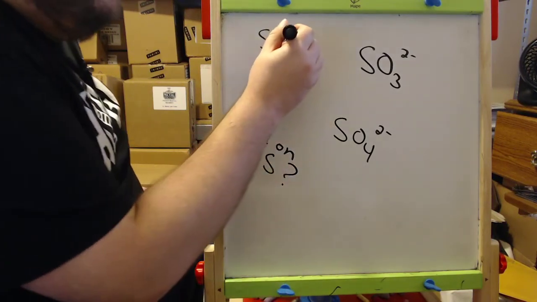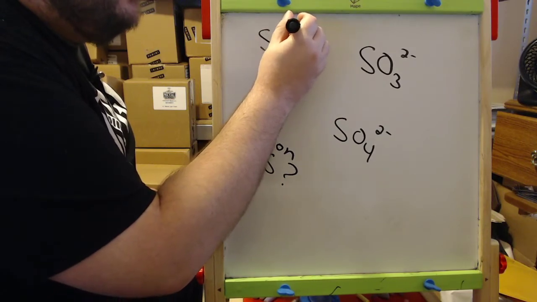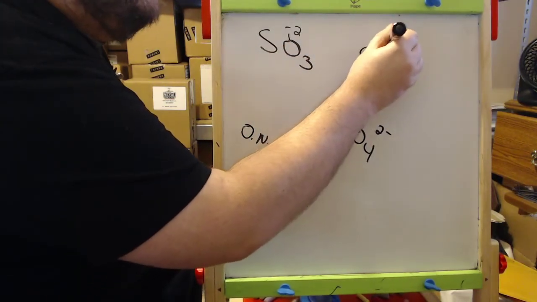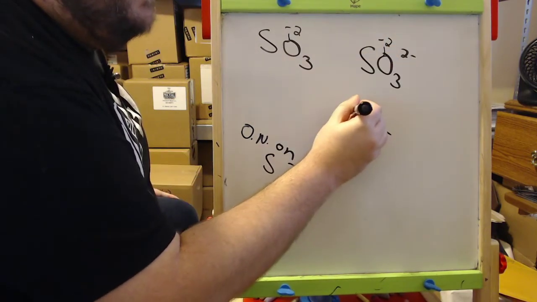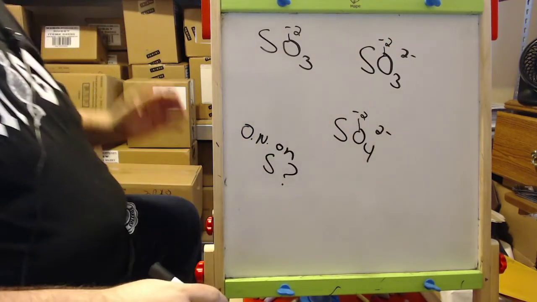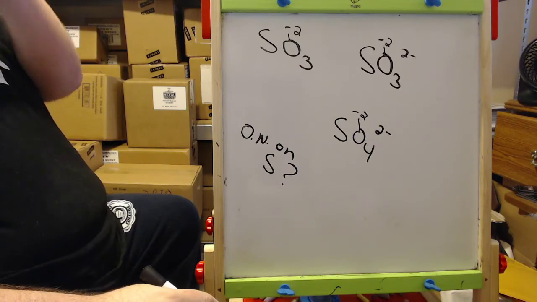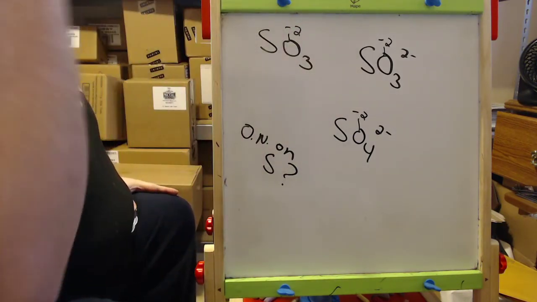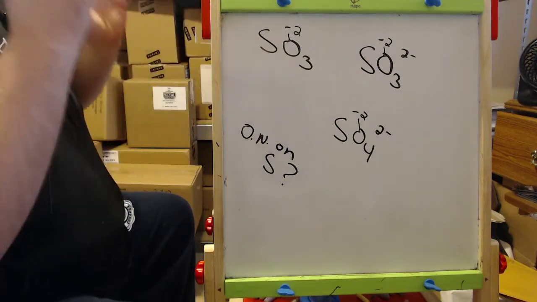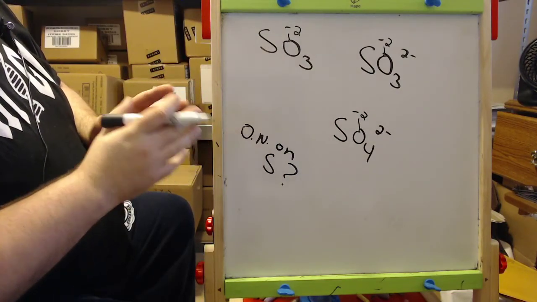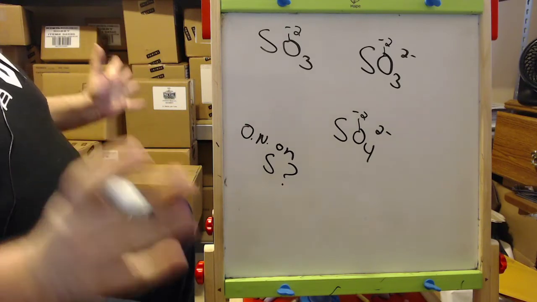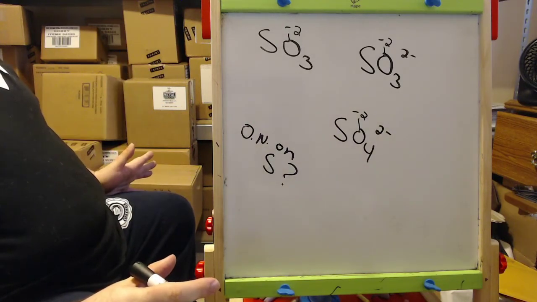So every one of these oxygens has an oxidation number of -2. Okay? So I have 3, and this is how you should do it. Listen to me. If you do it this way, when we get into the chemical equations, you'll never have to balance them to figure out whether you're a redox reaction or not.